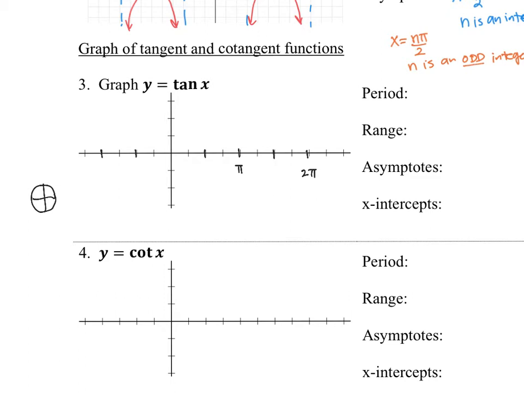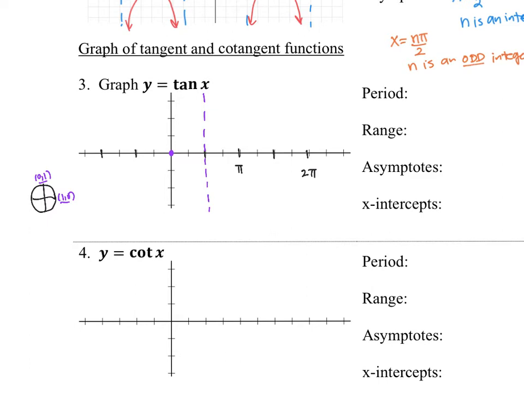I'm going to start with the corners, and then I'm going to need a little bit more information, but I can start off using these. What is tangent? Tangent is the y over the x. So at 0, 0 divided by 1 is 0. Now I go to pi over 2. 1 divided by 0 is undefined.